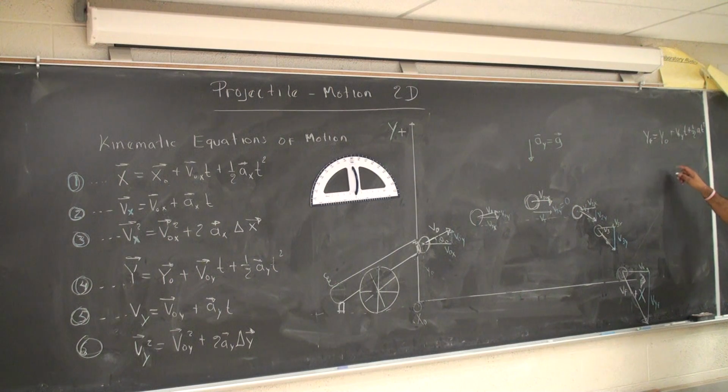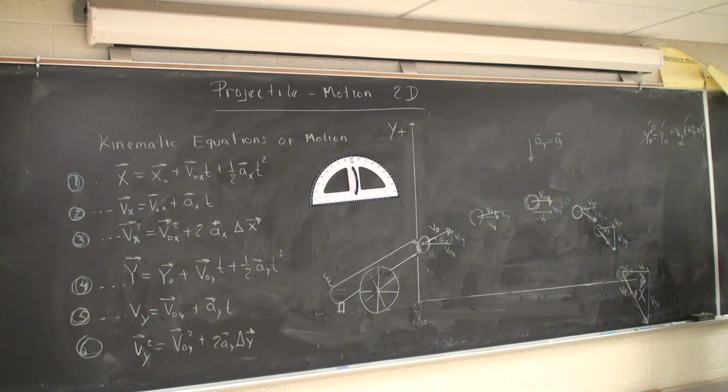Okay, let's see. Y initial, I know the y initial. Y final is 0, I already know that value. Velocity initial in y, I have no idea. Total time that it was flying, yes, is something that I can find.